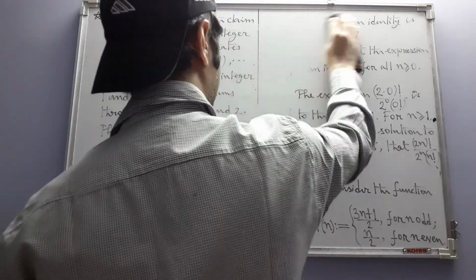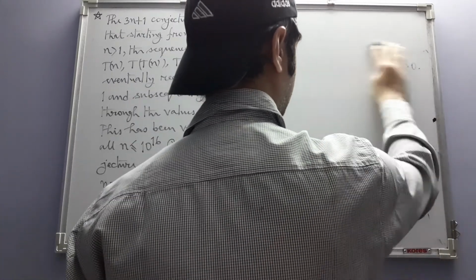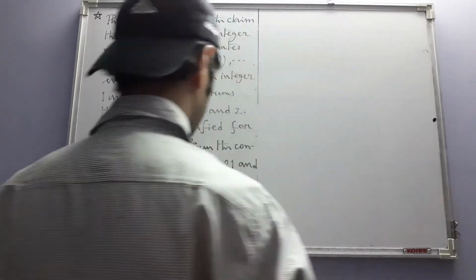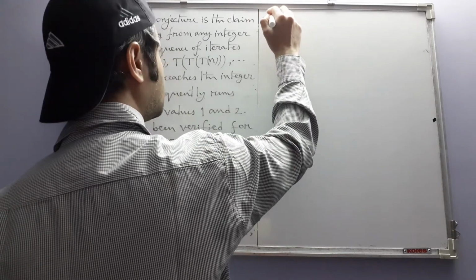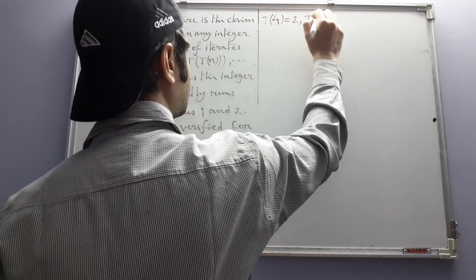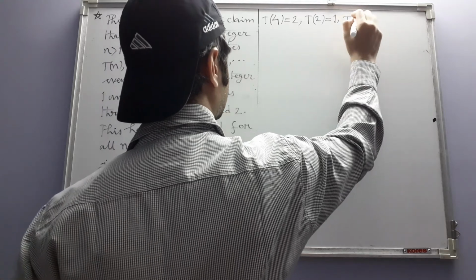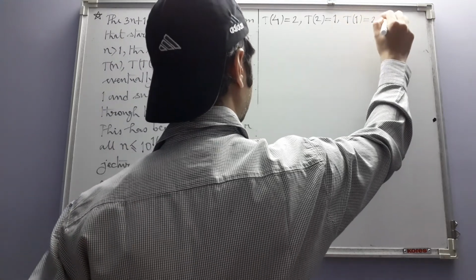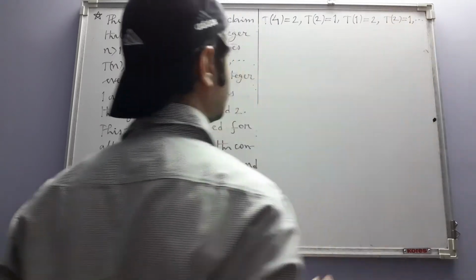T of 4 is 2 and T of 2 is 1. And then T of 1 is 2. Again T of 2 is 1, and it will continue like this.